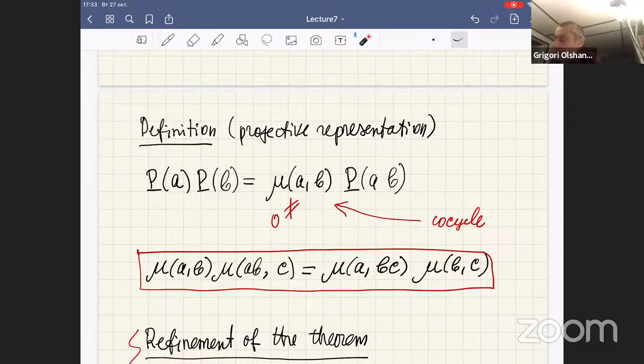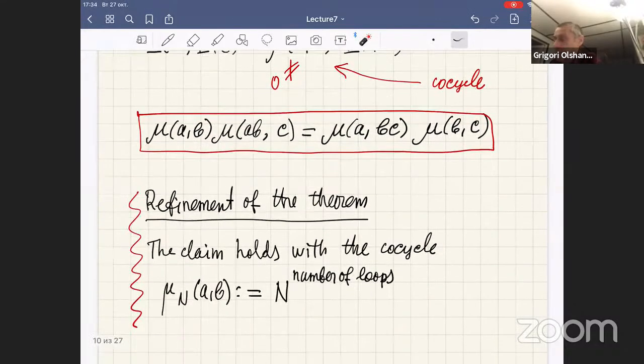One can see that the left-hand side and the right-hand side produce the same number of loops. So we get this equality, and the number on the left is equal to the number on the right. It is equal to n raised to the number of all loops which arise from this combined picture.